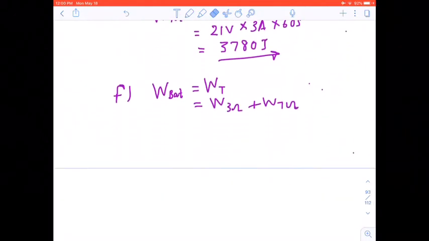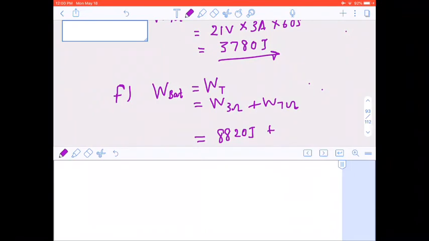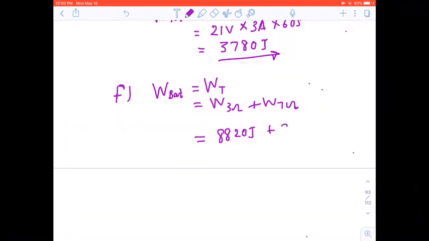Okay, right, which means if we look at this, in the 3 ohm resistor we have 8820 joules, plus in the 7 ohm resistor it is 3780 joules, and that gives us 12,600 joules.